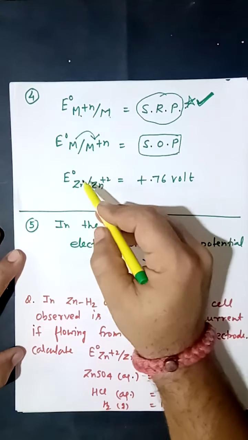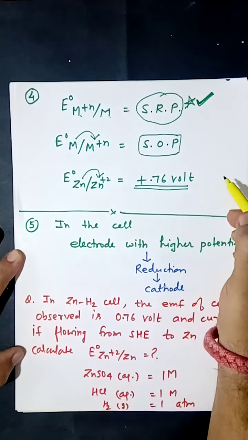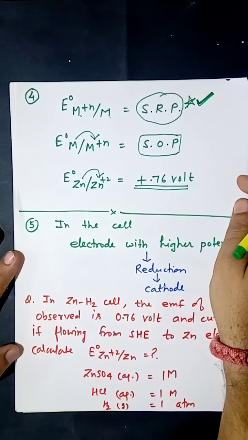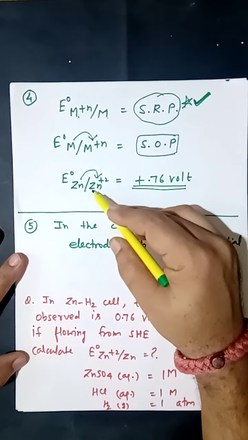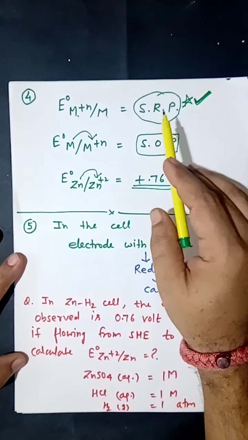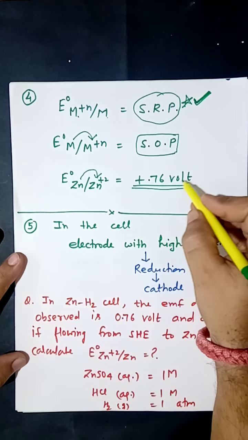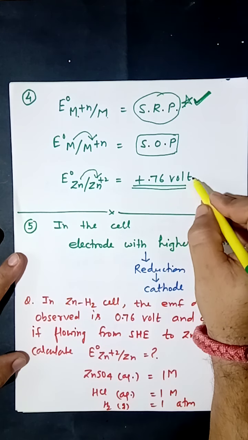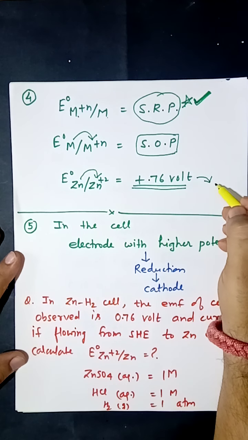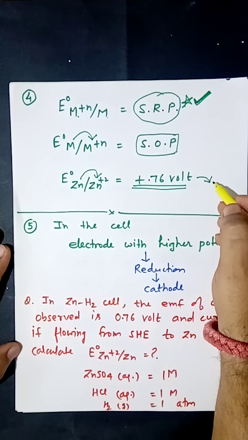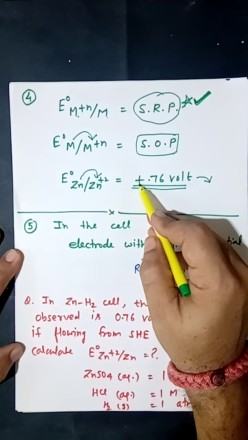Now suppose you are given standard oxidation potential. There is a twist in the question. To add one more step, you are given standard oxidation potential, but we know we have to use only reduction potential for calculation. So here we will convert the given oxidation potential into reduction potential before we attempt the question, and for this you just need to change the sign of the number.